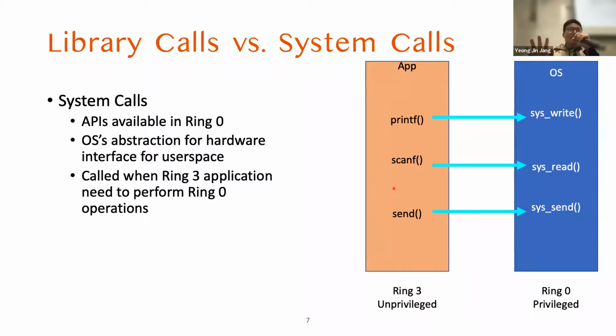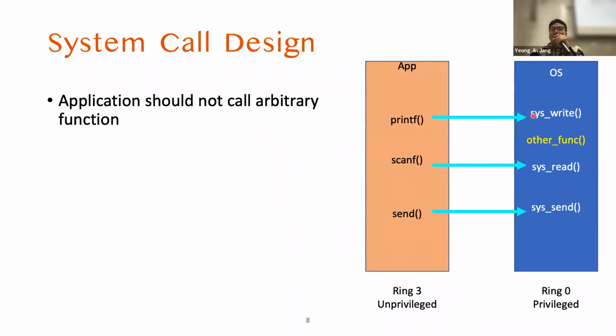Then let's take a look at the details of how we can achieve controlled execution on the operating system side. And before getting there, let's take a look at some of the problems if we do not have a good mechanism for gatekeeping the system calls.